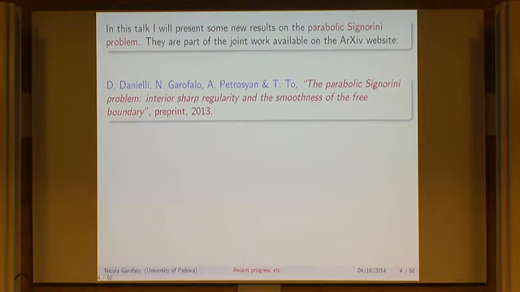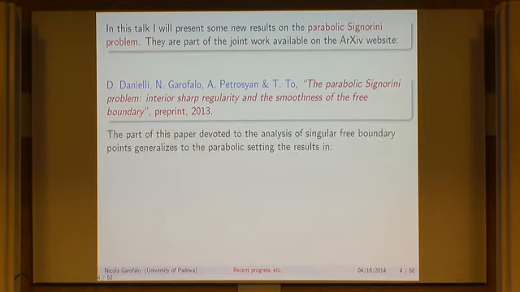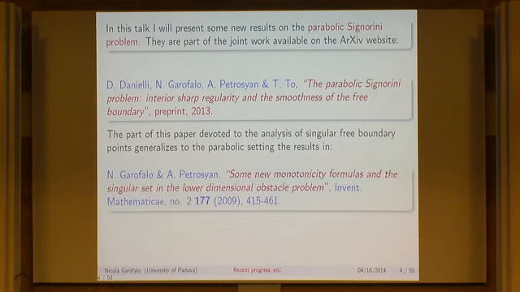The paper is available on arXiv, so you're free to grab it if you wish. There is also a part of this paper that is based on previous analysis for singular free boundary points in the elliptic case, which was joint work with Arshak Petrosyan.